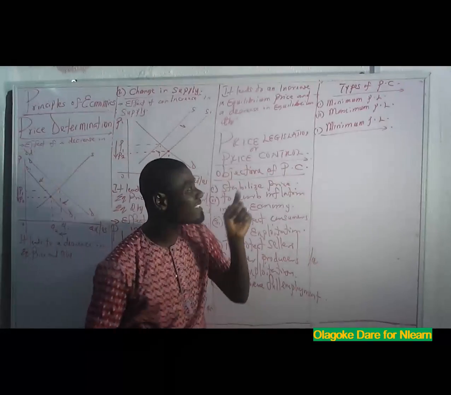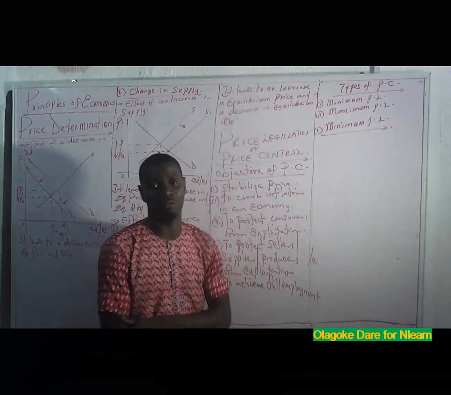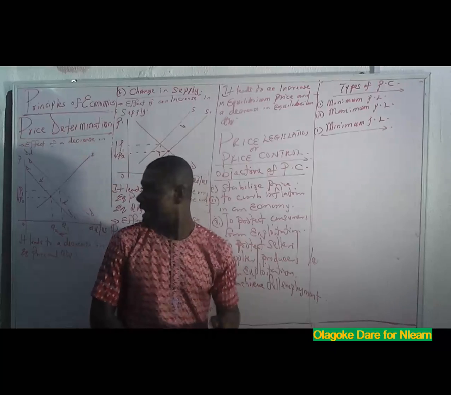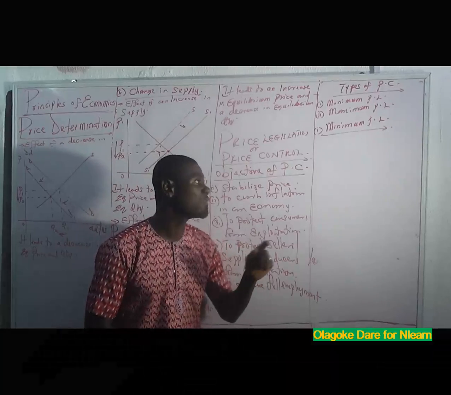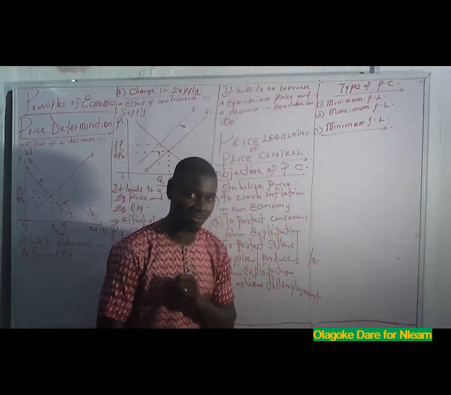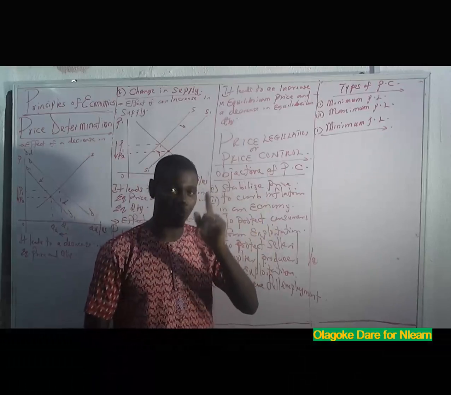For minimum price legislation to be effective, it must be fixed above the equilibrium price. So any price fixed in which sellers are not allowed to sell below is said to be minimum price legislation. And it is usually fixed above the equilibrium price.